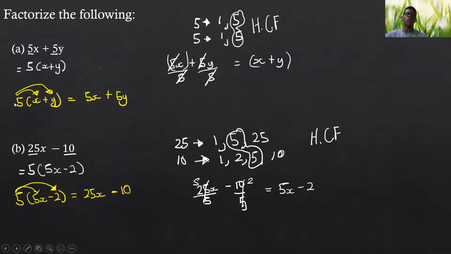The distributive law shows you how to open out the brackets to get back the original expression. Factorization is just re-expressing the expression in simpler terms using its factors, using the highest common factor.